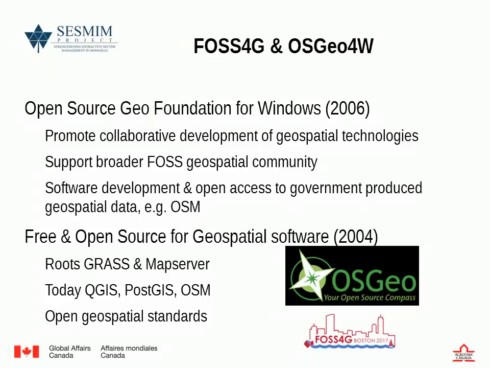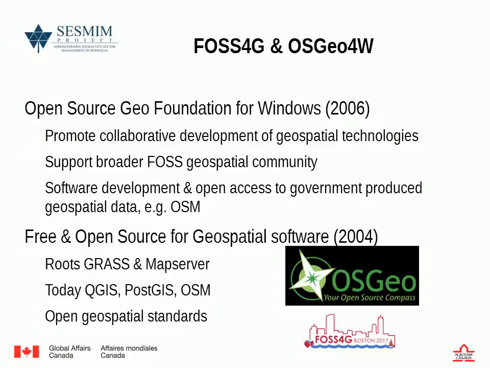And around 2004, the people looking at geospatial wanted to create their own group. And they formed their own group in 2004 called FOSS4G. And then FOSS4W for Windows, okay, FOSS4G for Windows, in 2006 we developed the foundation.